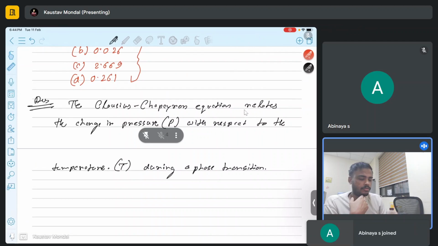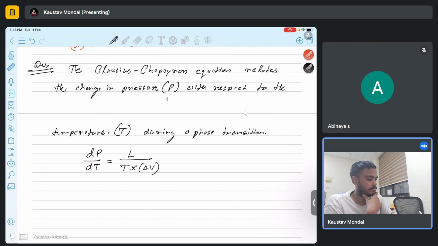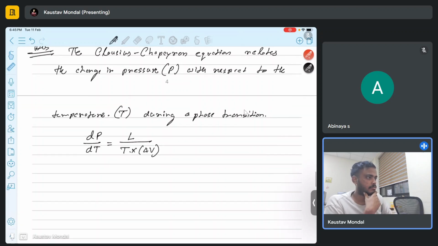So during this phase transition, how are this pressure and temperature related to each other? This is related by the Clausius-Clapeyron's equation: dp dt equal to L by T into delta V. So what are the different terms involved here?